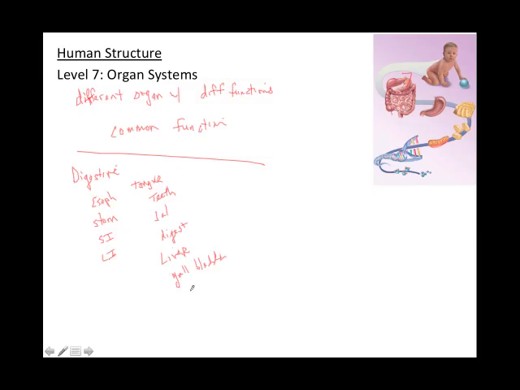However, when you put them all together, the ultimate goal of all these together is to break down the food you eat so that we can ultimately get the nutrients out of that food and to our cells, because they use those nutrients as fuel, as building blocks for repair, for making new cells, for making new molecules, etc.